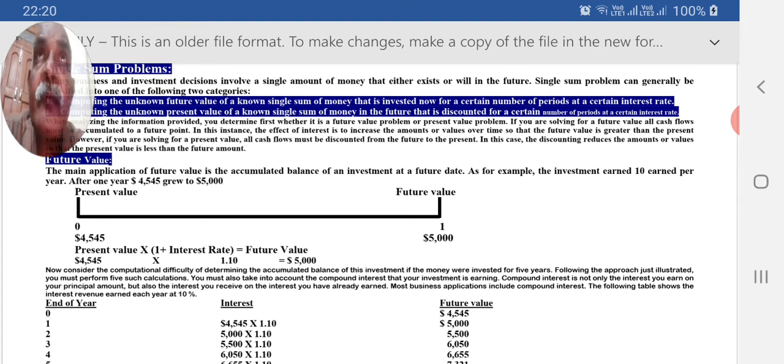So 4,545 multiplied by 1.10 will be equal to 5,000 rupees. It means if you invest 4,545 rupees, after 1 year you will get 5,000. Is that clear?